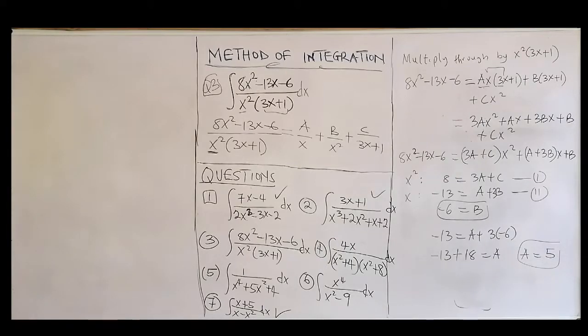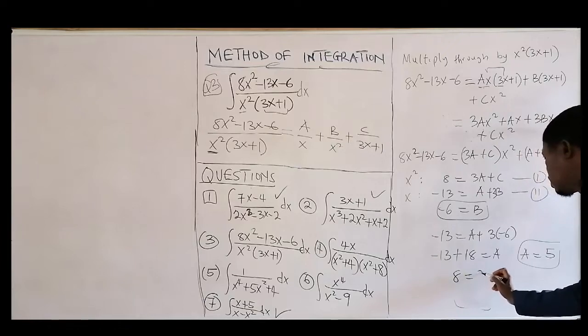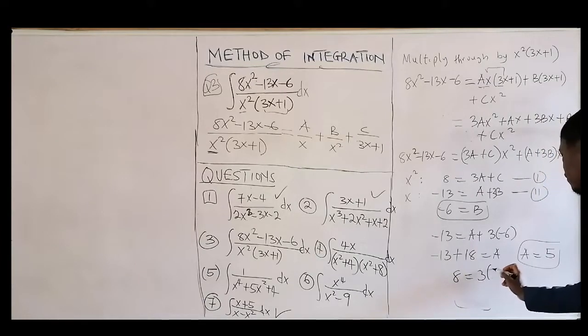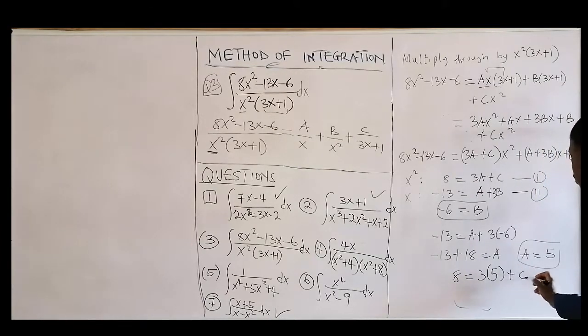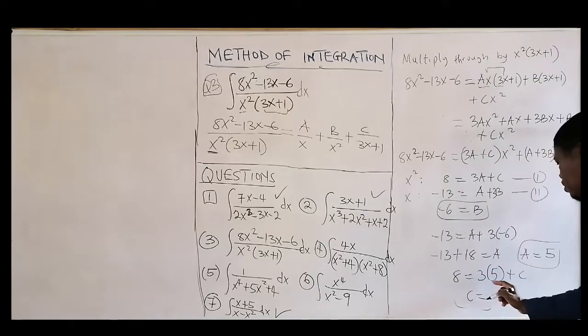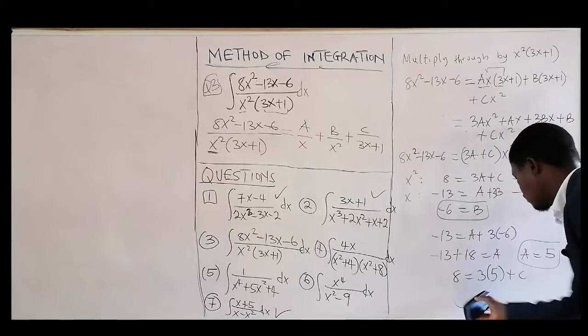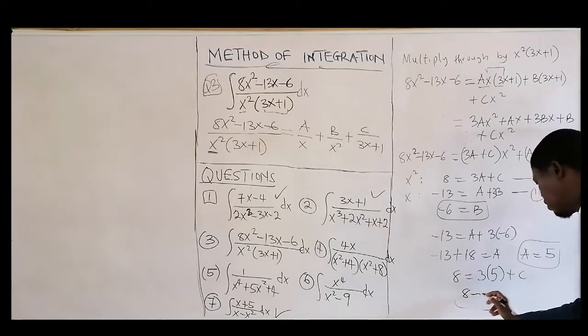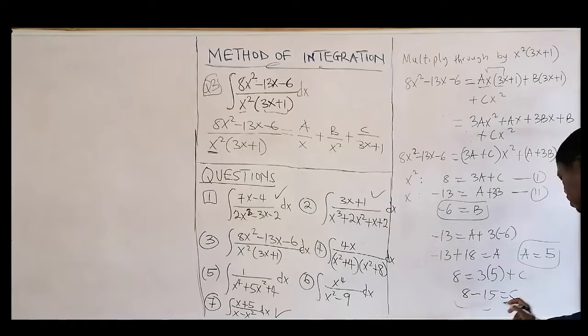Then use the first equation to get your C: 8 equal to 3A plus C. Your A is 5, so this is 15. That's 8 minus 15 equal to C. So C is equal to minus 7.